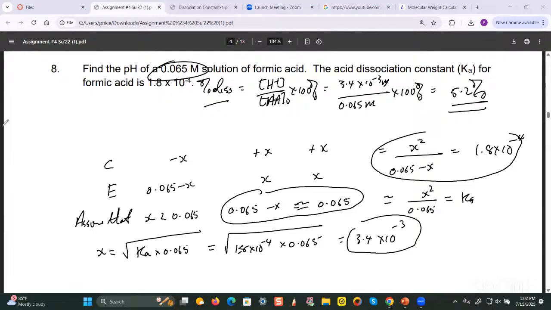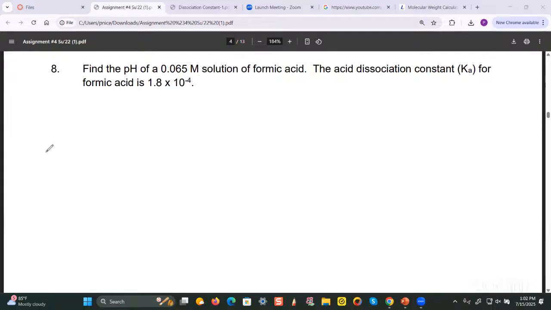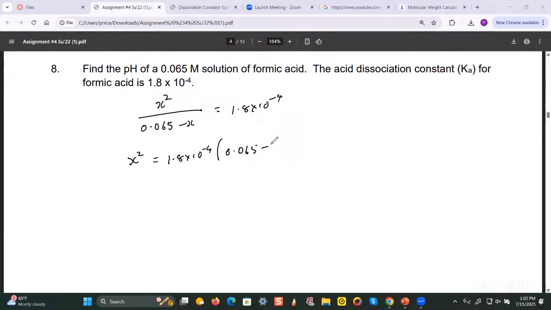So let me just clear this here, and let me write down what I just circled, which was x squared over 0.065 minus x is equal to 1.8 times 10 to the minus 4, right? So algebra is involved. We cross multiply to get x squared is equal to 1.8 times 10 to the minus 4 multiplied by 0.065 minus x, and then we, what's the term they use in math?